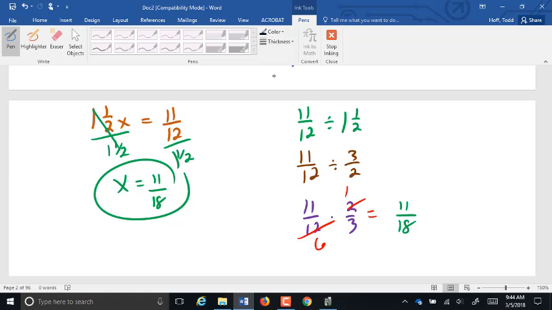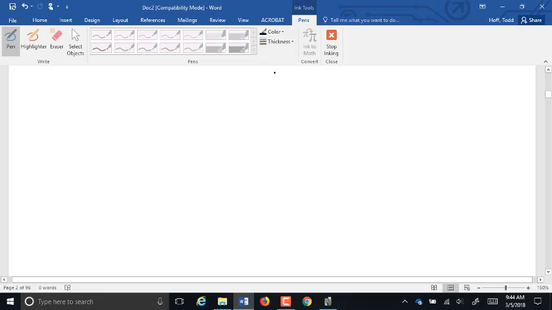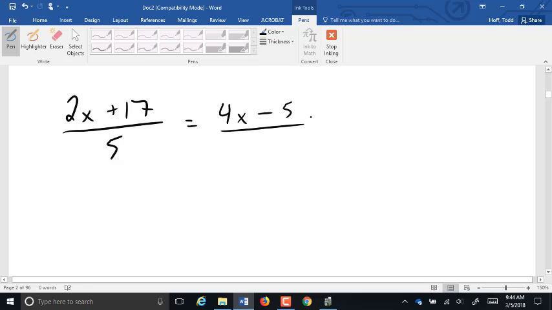We can run into equations that look like this. To solve an equation like this, we have a couple of options.